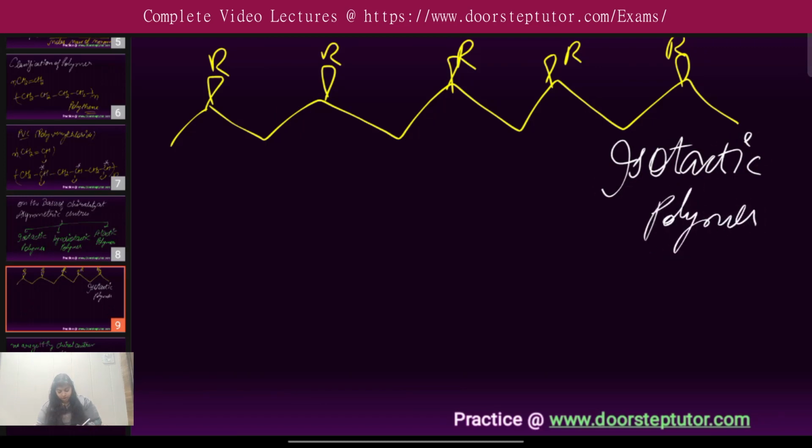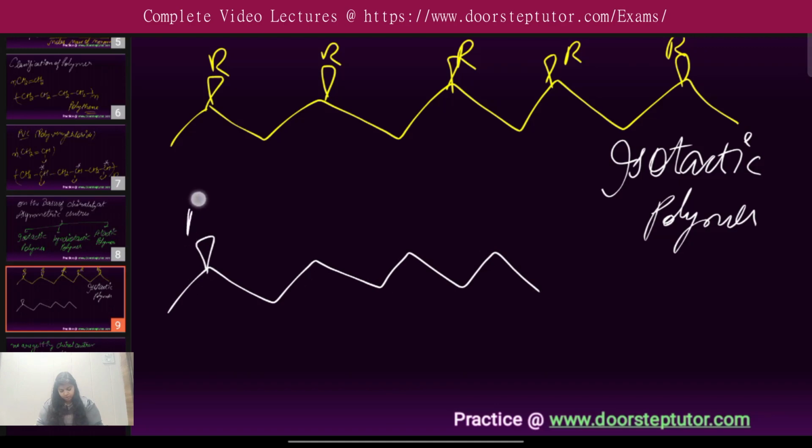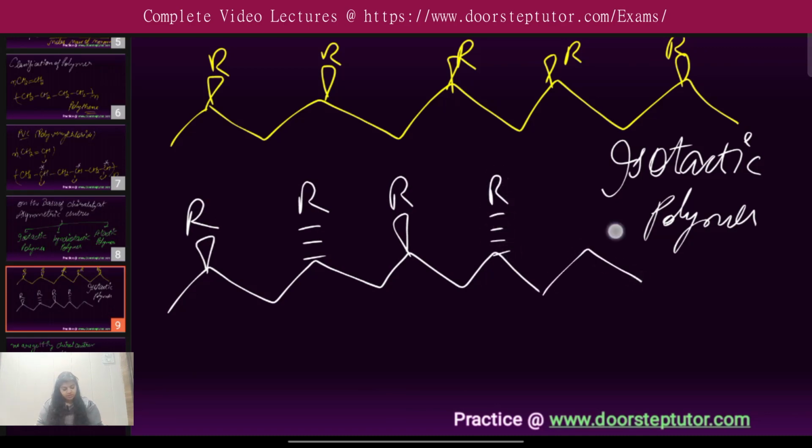The other one that I told you is the syndiotactic. What is the meaning of this syndiotactic polymer? It means the alternate chiral centers have the same configurations. Suppose this is our polymeric chain. At the first position, suppose it is at wedge, and this is at R. Here it is at wedge again, and here it is R, and the chain continues like this.